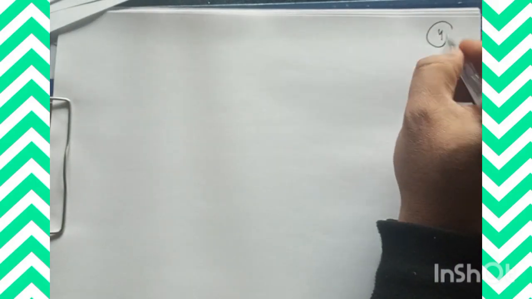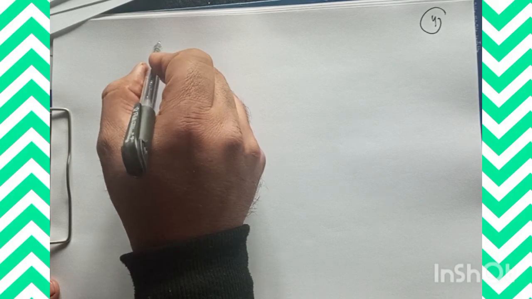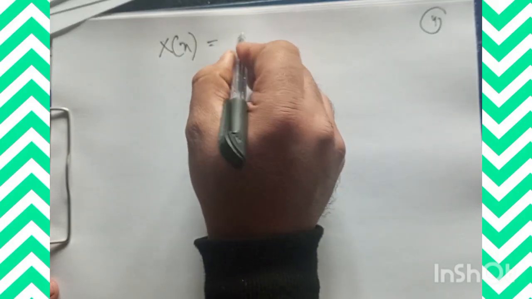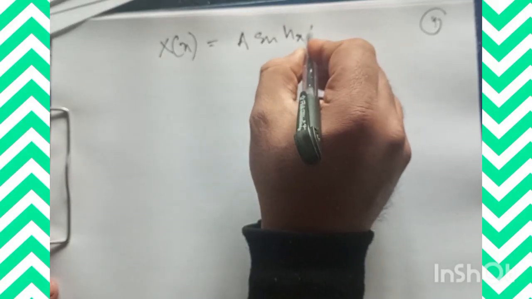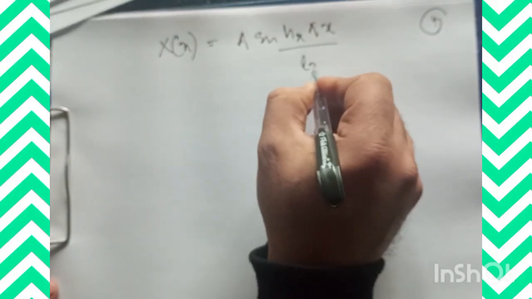This is my 4, so I should use them in the original equation. So what I will get is X(x) equal to A sine(nx pi x by Lx).